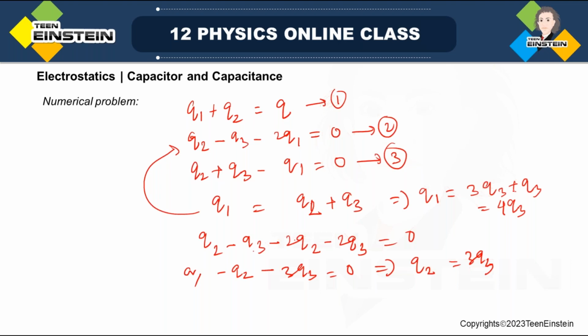Okay, again we have got a relationship between Q1 and Q3. Actually, we have to make use of this equation number 1 also.